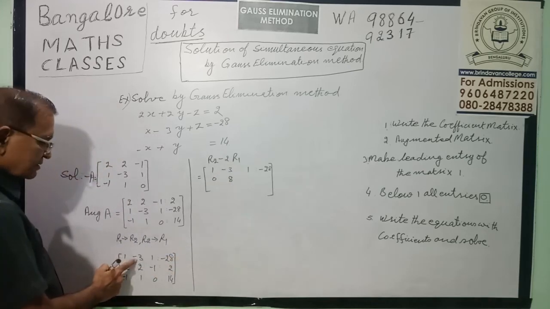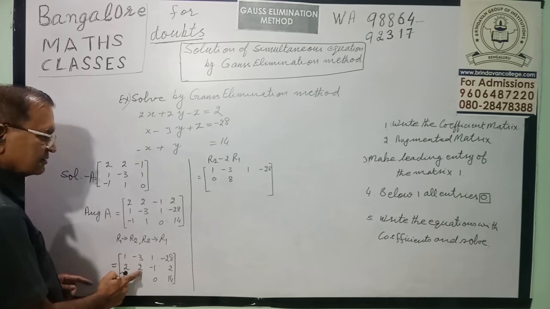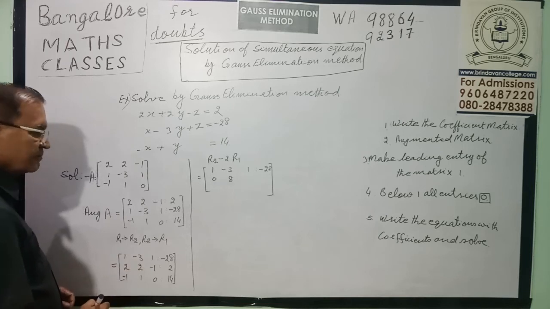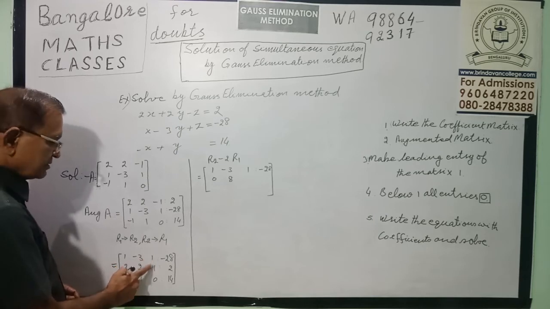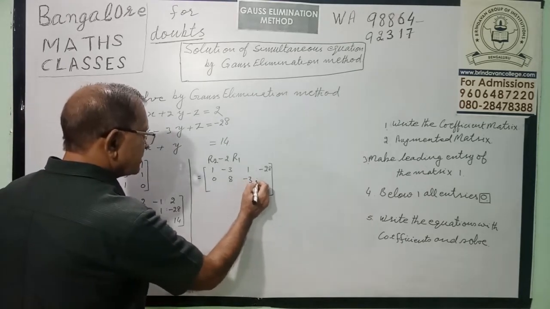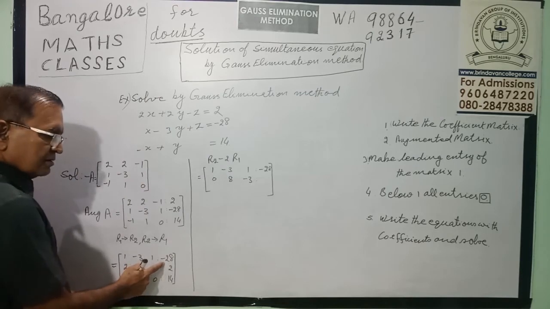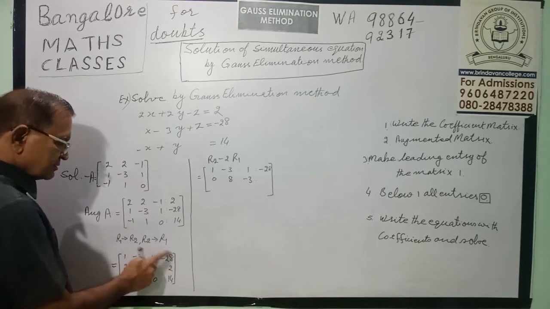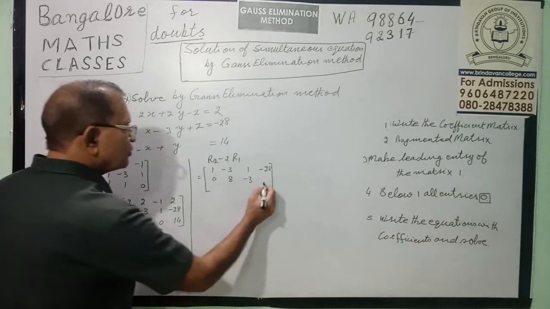Then double of R1, double will be plus 2, by subtracting, minus 2, we will get minus 3. Augmented: double minus 56, subtract plus 56. Plus 56 plus 2, 58.